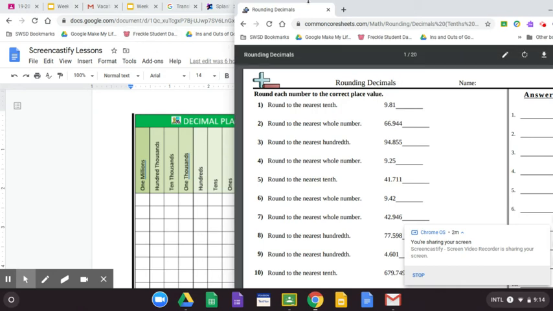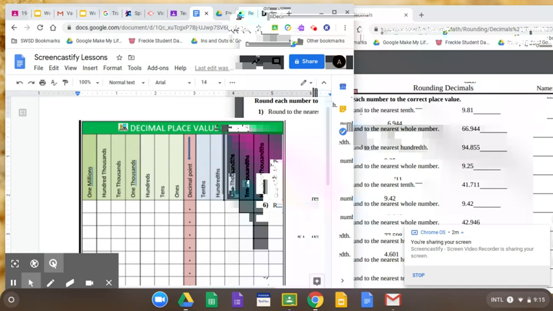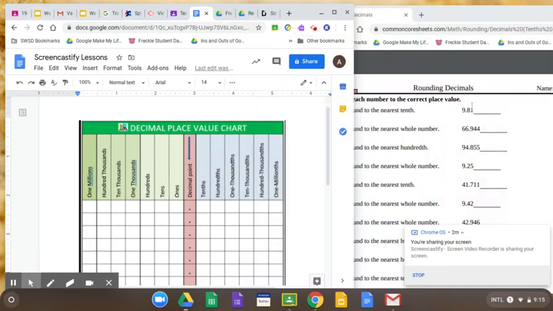All right, so this first one over here says round to the nearest tenth. So we have 9 and 81 hundredths. If you're not sure about the place values, you're going to want to make sure that you add these in the place value chart. So I'm going to write 9 here because that's in the ones. Then we have the decimal point. Then we have an 8.